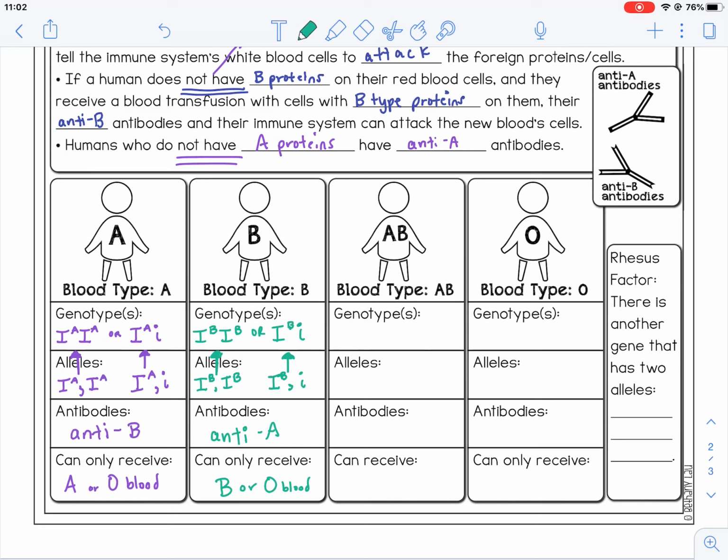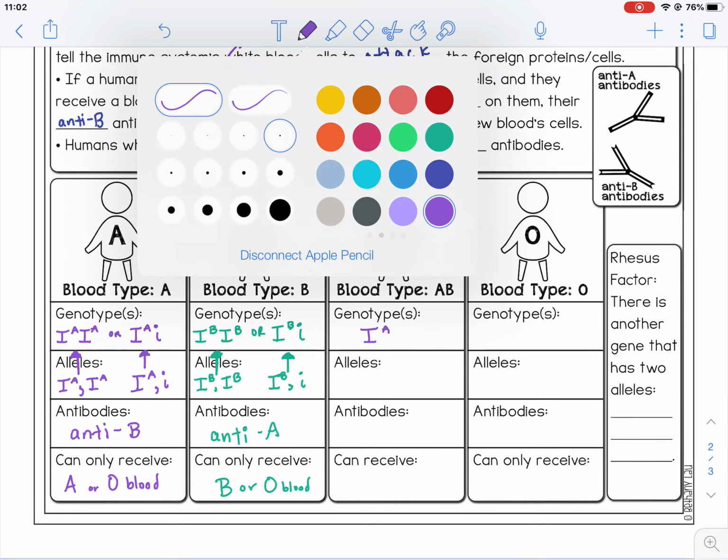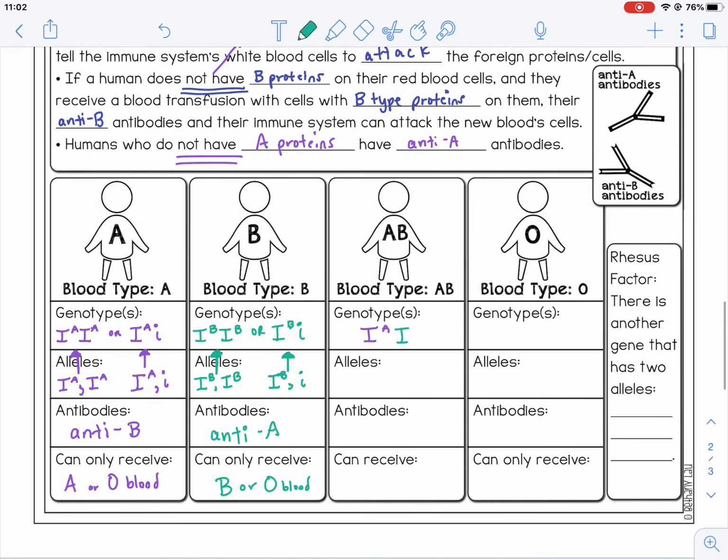Okay, now a person that's AB, well, they have to have 1 IA allele, and they have to have 1 IB allele. That's the only way you can be AB.